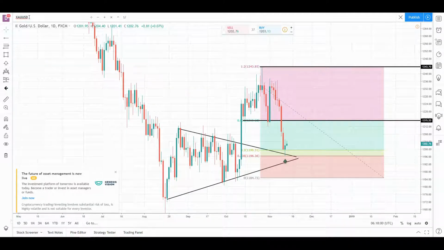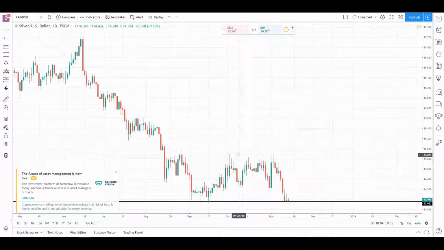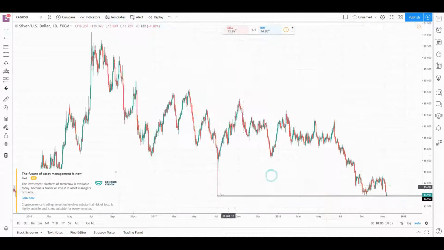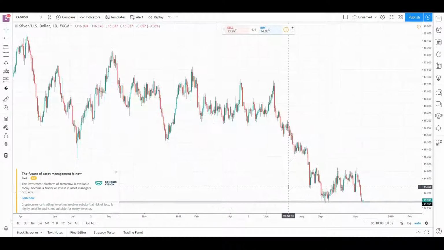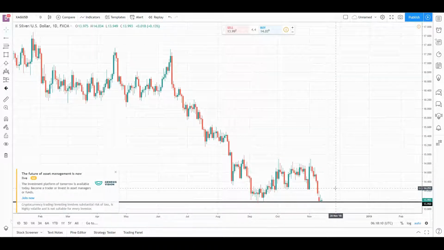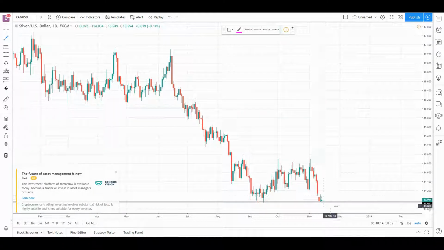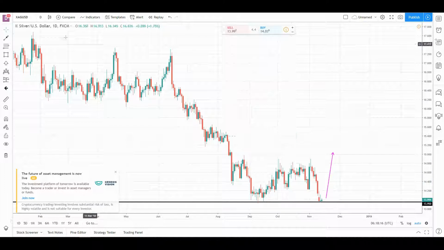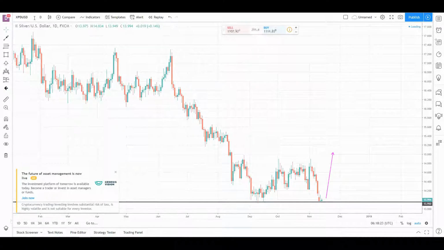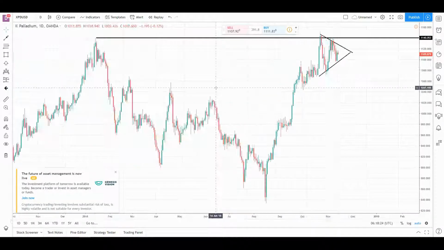If we go to silver, I know this is a bit of a longer video. You can see this candle here, the low being connected to these lows. So something's cooking on silver too for a bullish move up. Silver and gold up. Now check this out. This is a huge one. The only problem is the broker I trade with requires huge margins to trade this.